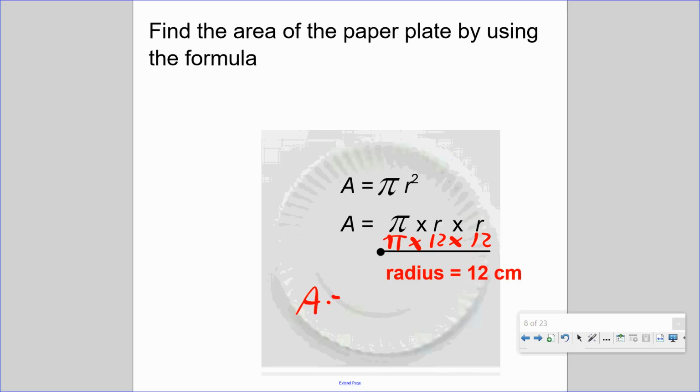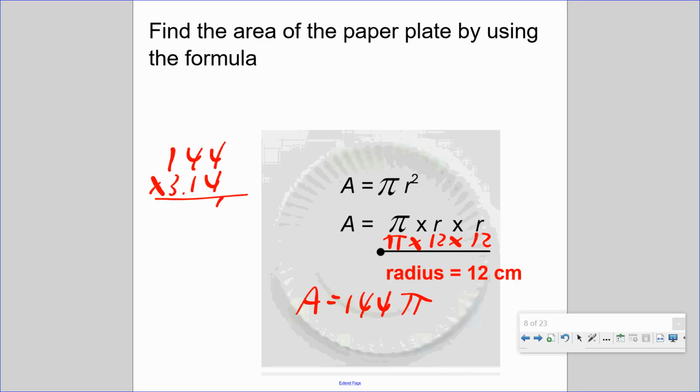It is 144 pi. Do I want to leave it in terms of pi? If so, that is my answer. I'm done. Or do I want to estimate pi as 3? Or would I like to estimate pi as 3.14? Because I want a more accurate answer, I'm going to use 3.14.